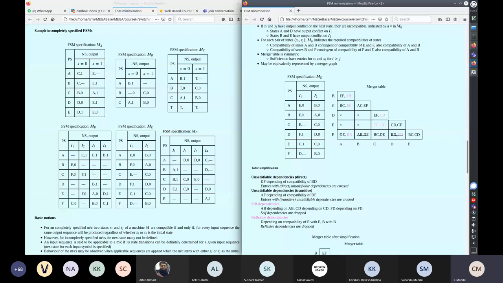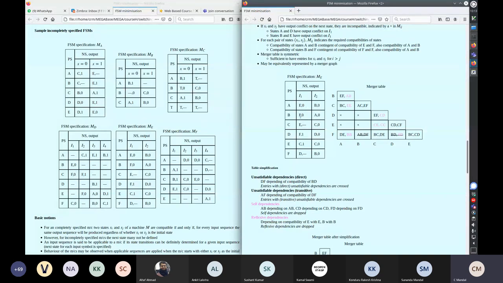In this case, the input alphabet has just two symbols, I1 and I2. Here you can see the I1 successors are E and F. So E and F must be compatible.